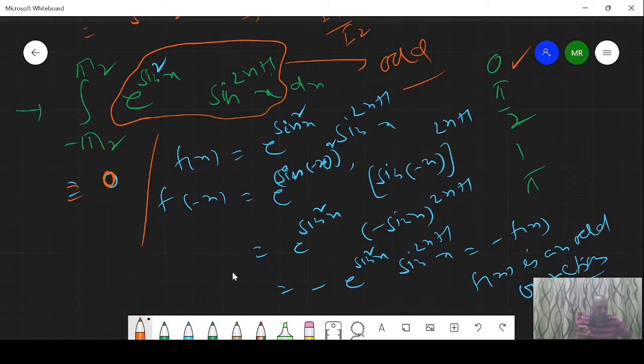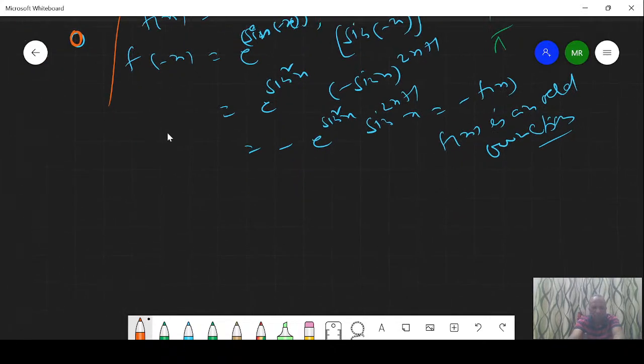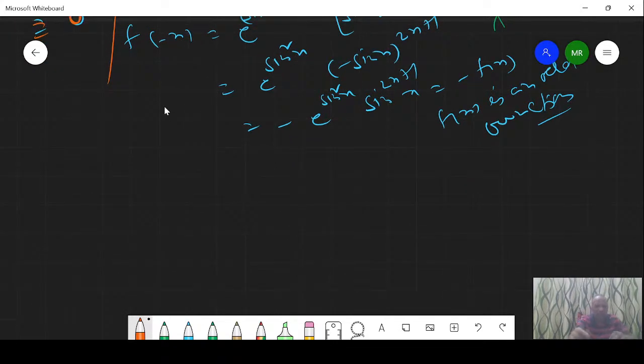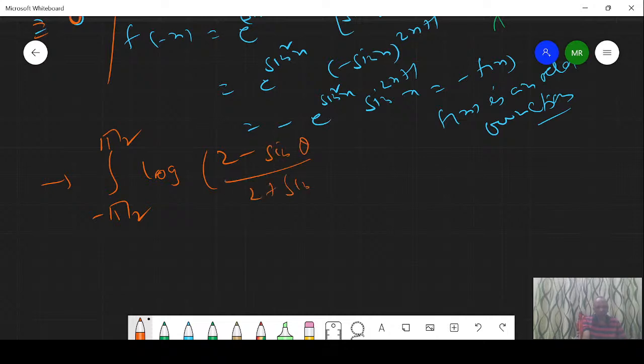Now you can see the integral from minus pi by 2 to pi by 2 of log of (2 minus sine theta) by (2 plus sine theta) d theta.